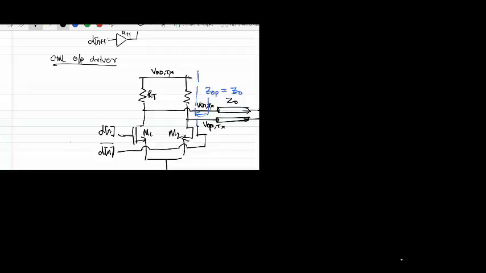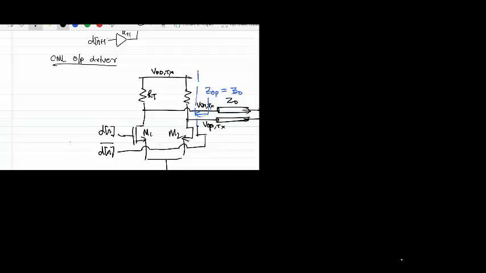Now, what happens is when you make the signals D n and D n bar either high or low, let's say D n is equal to 1, so D n bar is equal to 0. In this particular case, all the current will get steered into M1, right? And in M2 there is 0 current.